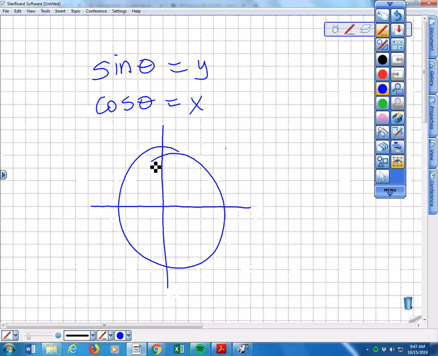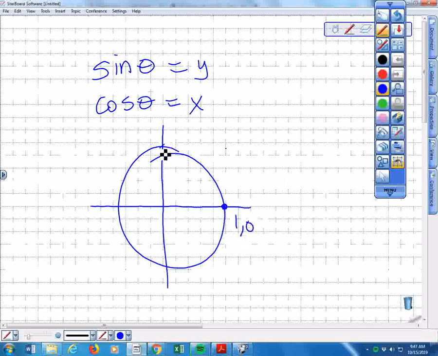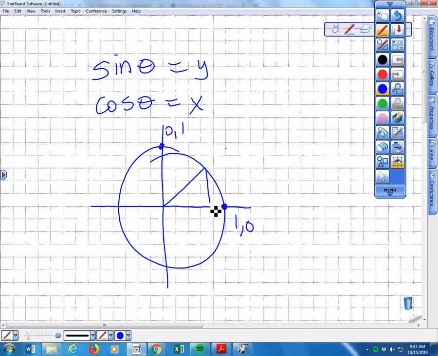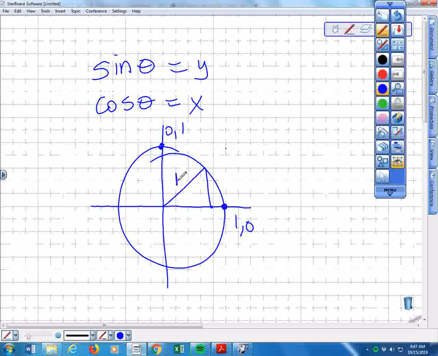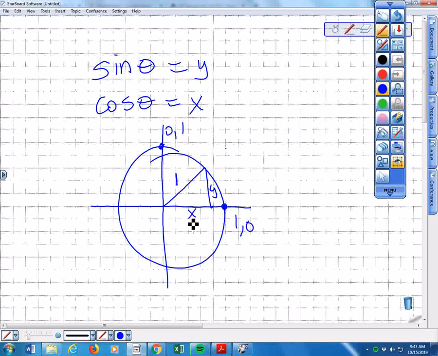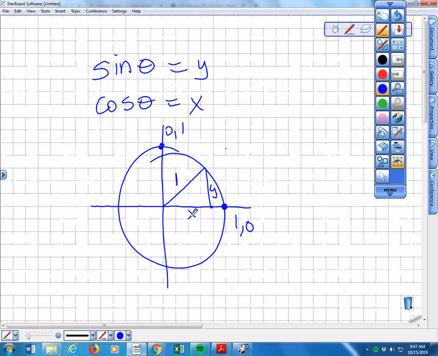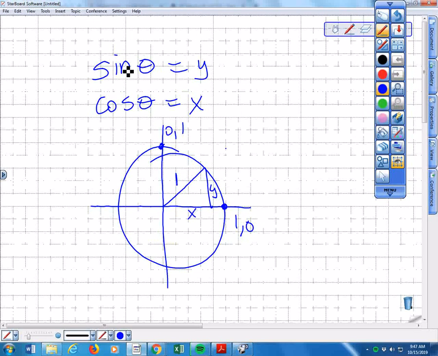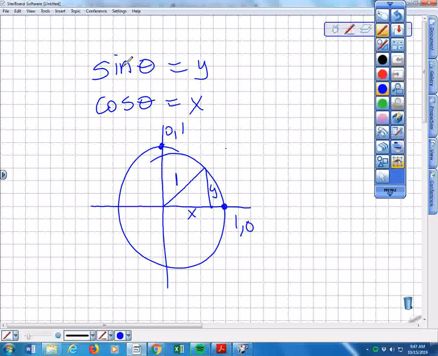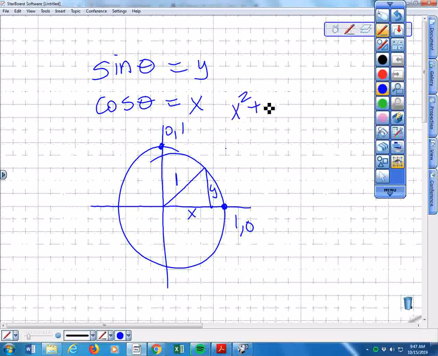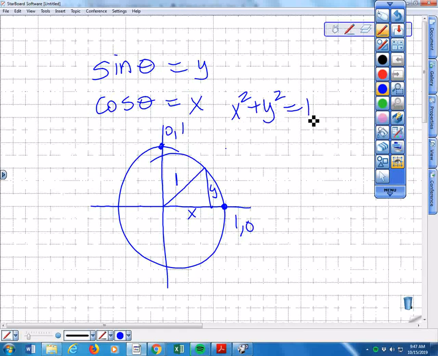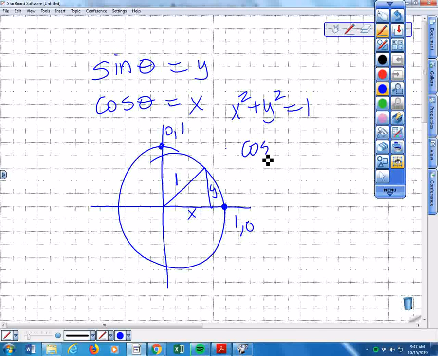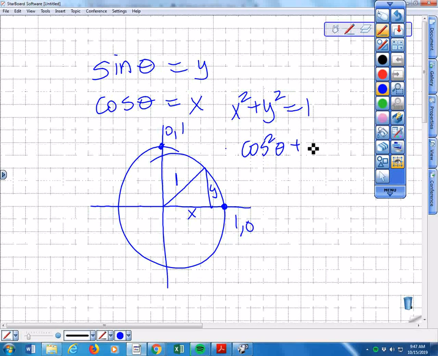If this is 1, 0, and 0, 1, and I draw where this is 1, this is y, this is x. So sine is equal to y over 1, and cosine is equal to x over 1. So we know these two. I also know x squared plus y squared equals 1 in this triangle. So that means that cosine squared theta plus sine squared theta equals 1.